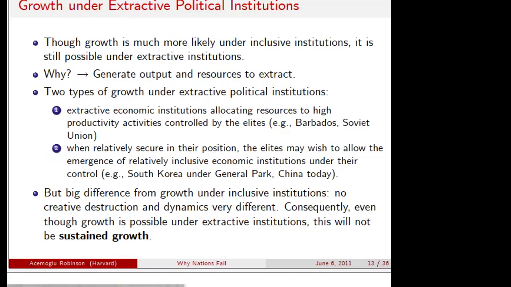So, understanding this logic is the foundation for understanding everything else in this course, not just the book, such as why foreign aid doesn't work, why good policies fail to be implemented, and why countries that seem to be reforming and improving suddenly reverse course. Every time, if you look carefully, you will find political losers fighting back.